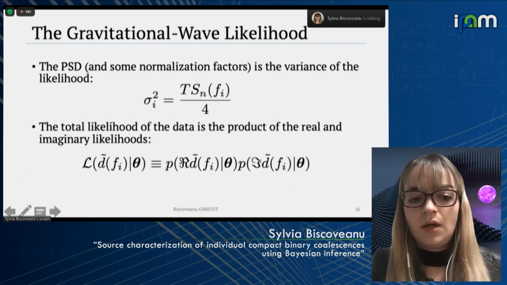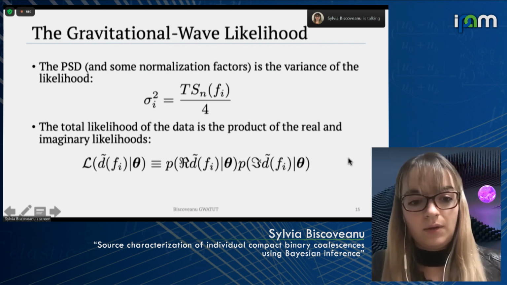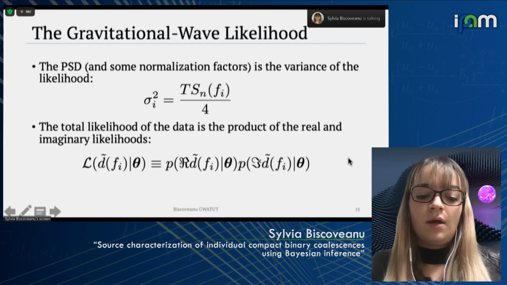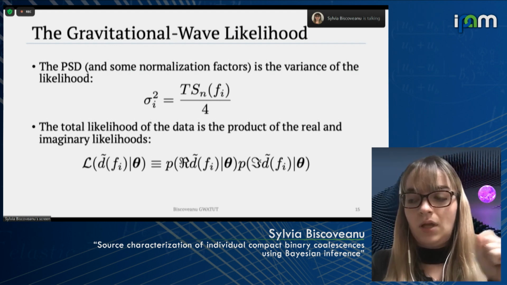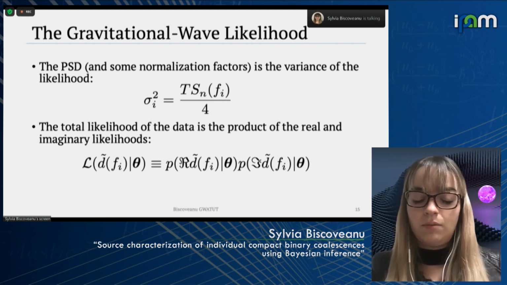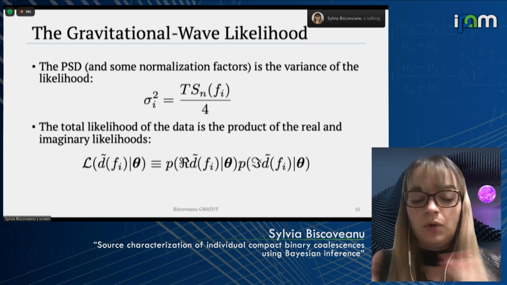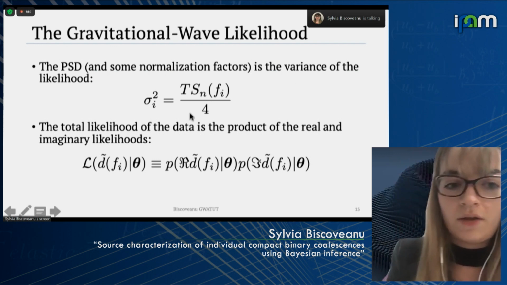This is a common expression that we'll come to in subsequent slides as well. Basically, if you have independent likelihoods for two independent sets of data, in this case the real and the imaginary parts are independent, you can get the joint likelihood of both of those parts by multiplying the individual likelihoods together.